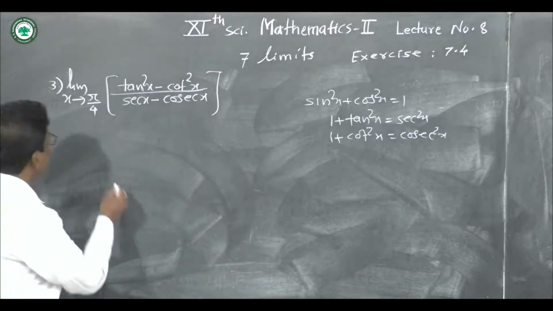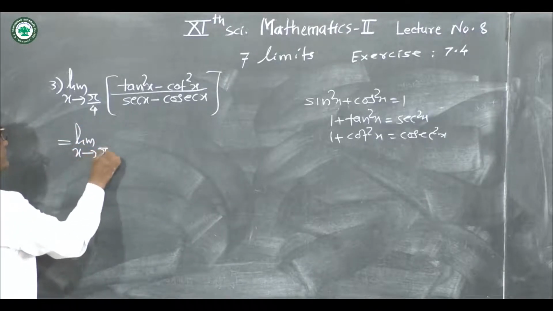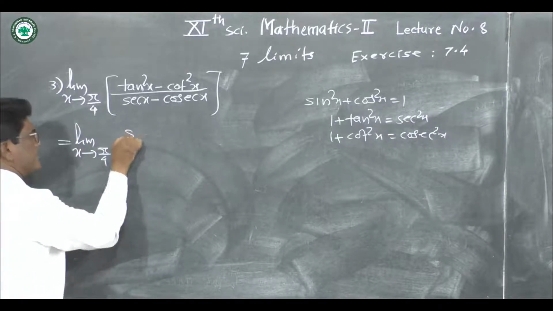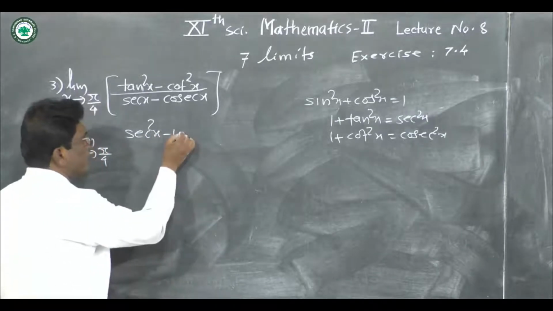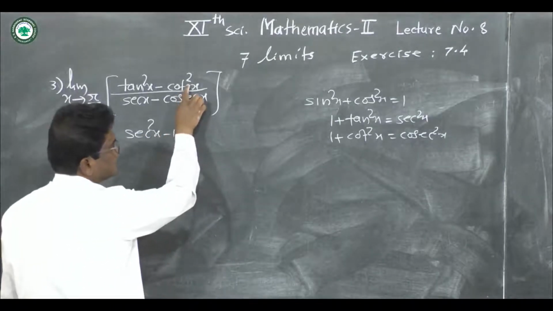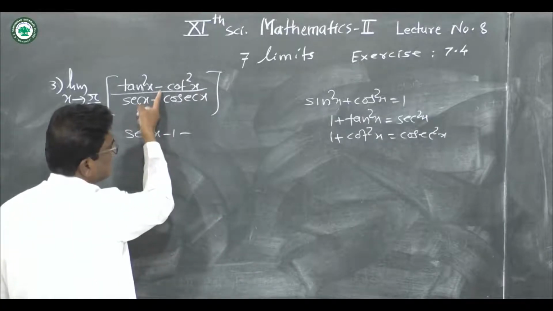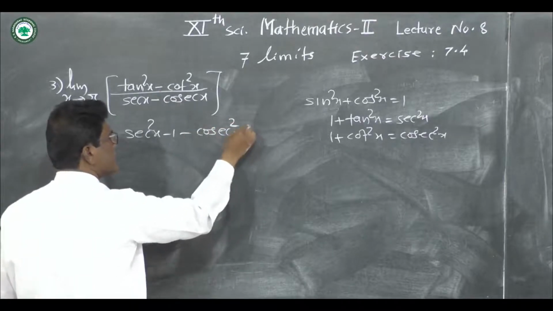Okay, so we get limit as x tends to pi by 4, tan square x we write as sec square x minus 1, minus cot square x. Cot square x is cosec square x minus 1, but here there is a minus sign.